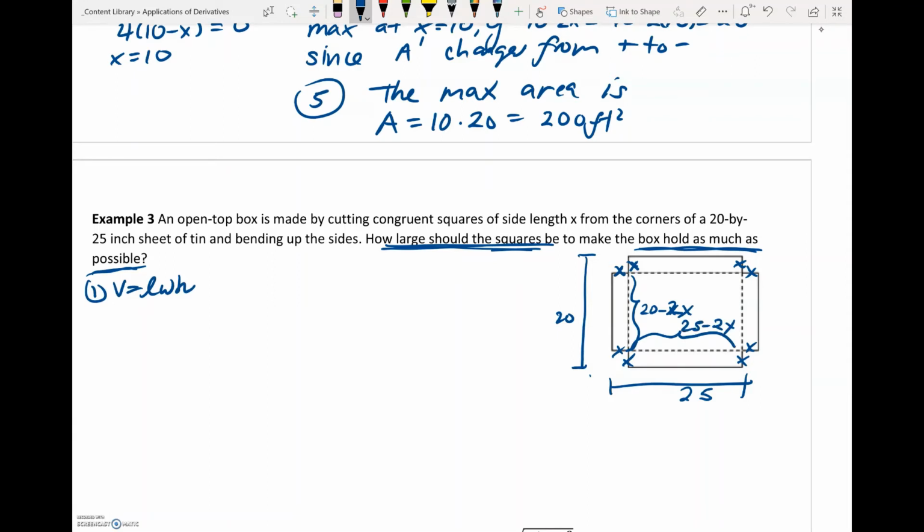So the length of 25 minus the 2x on either side. So now we can actually replace length, width, and height with 25 minus 2x multiplied by 20 minus 2x multiplied by x.